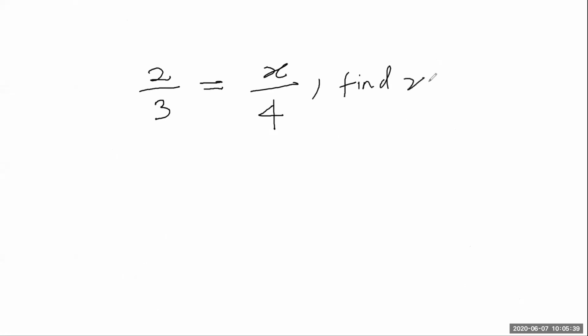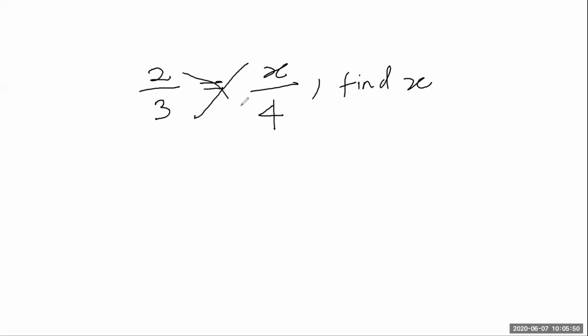Okay, sweet. So if I have 2 over 3 is equal to x over 4, and you're asked to find x, how do you do that? What you have to do here is what you call cross multiplication.